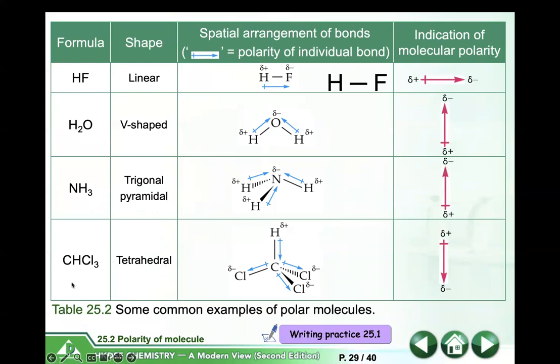Well, for this one, CHCl3, you can see that H has a lower value. It is 2.1 according to the Pauling scale, while carbon is 2.4 or 2.5. So hydrogen will push the electrons, or carbon will attract the bonding electrons to itself. However, chlorine has a higher electronegativity. It will draw the electrons towards itself.